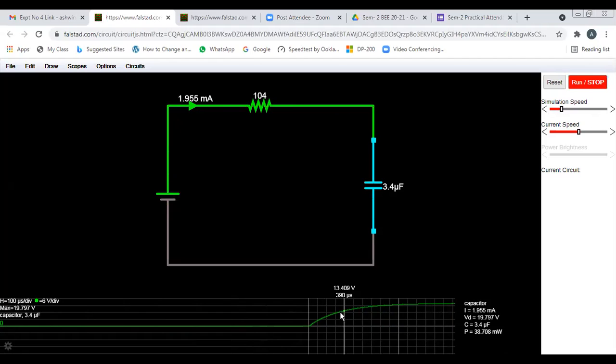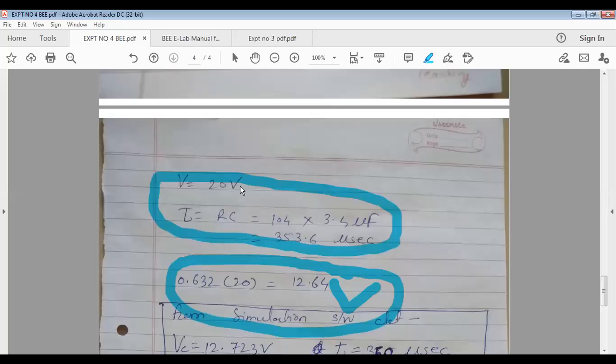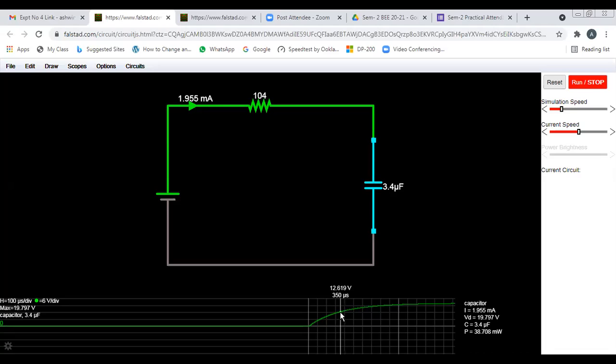We'll check whether we get 350. How much? 353. Whether we get it for this 353. 350 I'm getting. Again 355. Still 355 and 350 only, two I am getting. But you can try. If you get 355, then also fine.